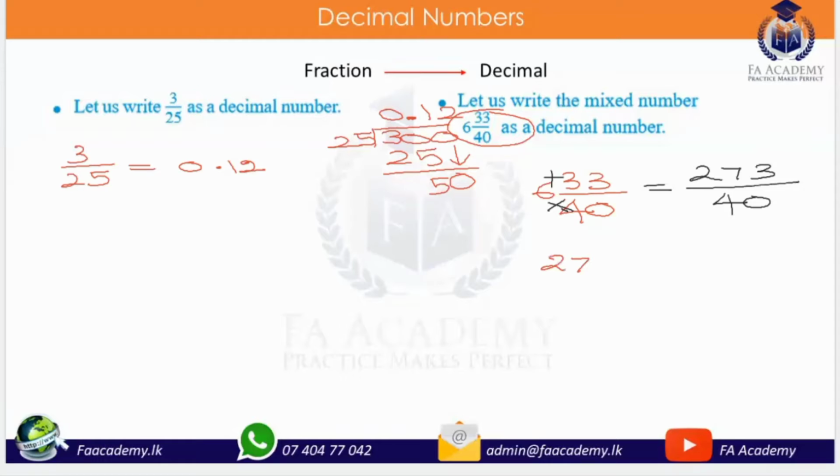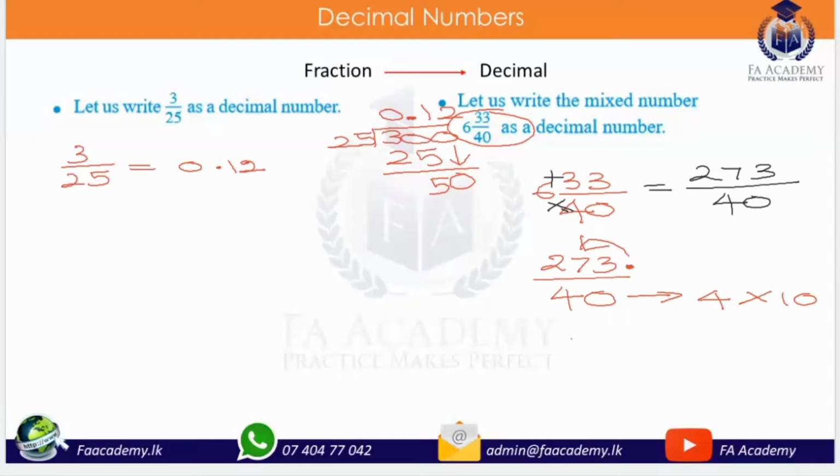273 divided by 40. If it is to divide by 40, 40 means 4 times 10. First, you can divide this 273 by 10. How can we divide it by 10? By moving the decimal point backwards once.